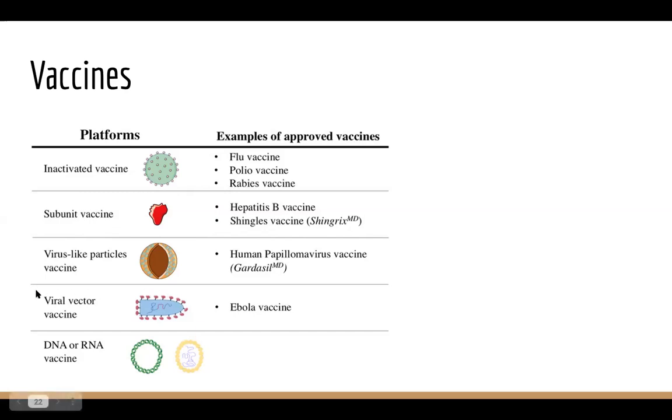And some of the coronavirus vaccines are made with viral vectors. For example, the Johnson & Johnson vaccine uses DNA inside of an adenovirus vector. The DNA will be transcribed into mRNA, and the mRNA will be made into protein.